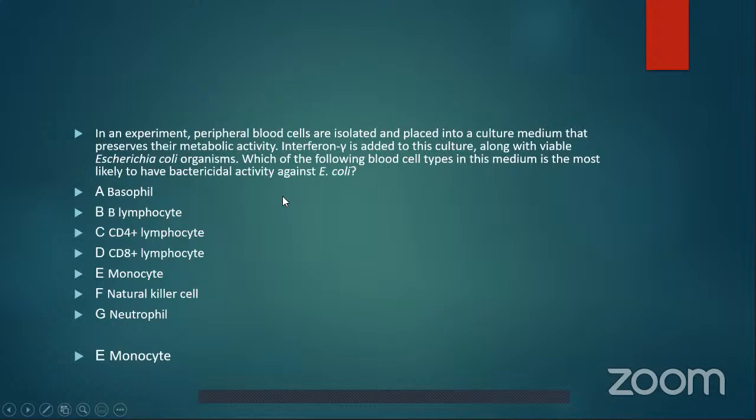Now here you'll have confusion only between neutrophil and monocyte. Commonly we could have said it is neutrophil itself, but since they have given us an option that there is interferon gamma in the culture media, we know that interferon gamma activates the monocyte macrophage system. The answer here is the monocyte.